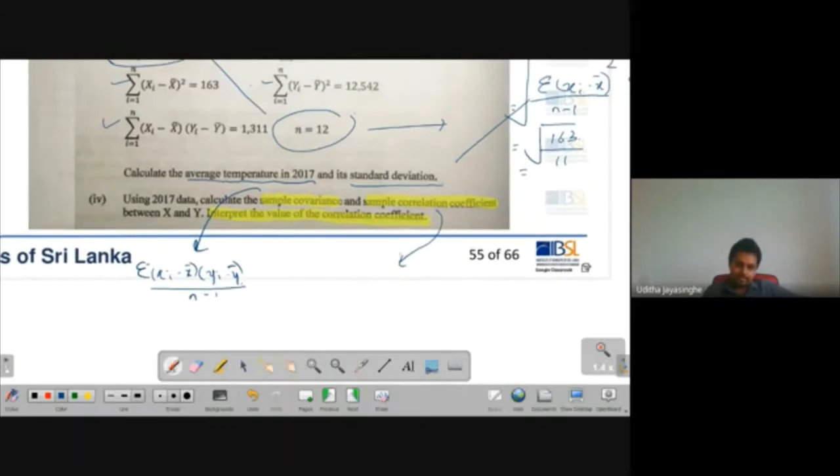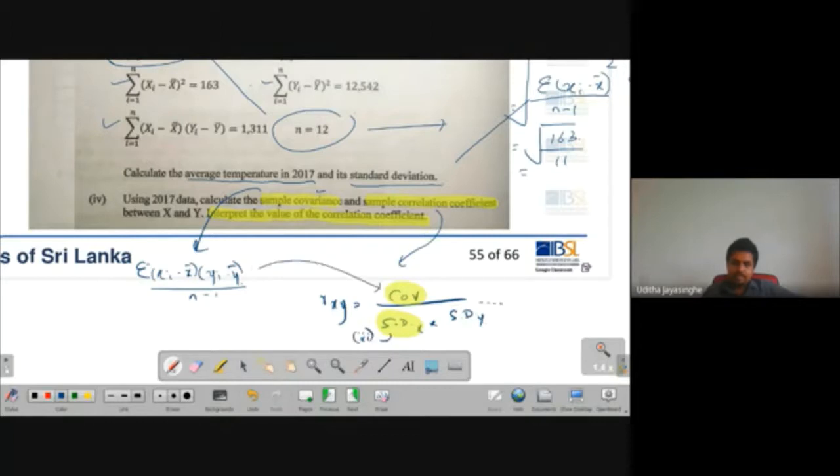One thing is that you have to keep in mind the equation of the expanded method. Here, since the examiner asked us to calculate the sample covariance, the easiest one would be to divide it by the standard deviation of x and standard deviation of y. Why? Because we calculated this here, and this part we calculated in part number 3. So I can plug in these numbers easily.